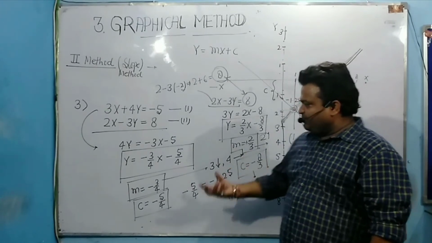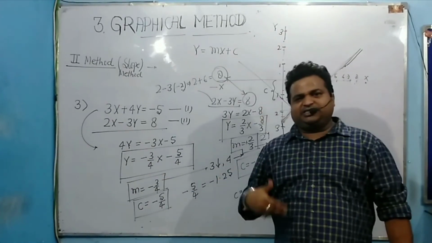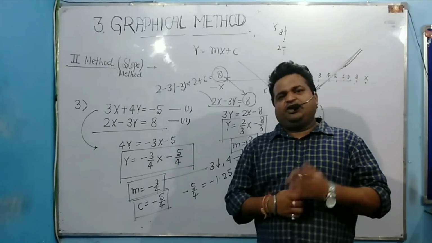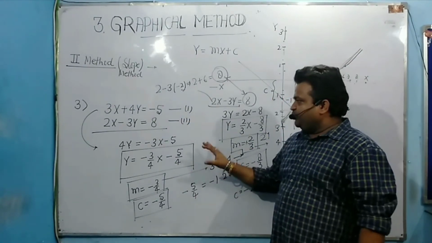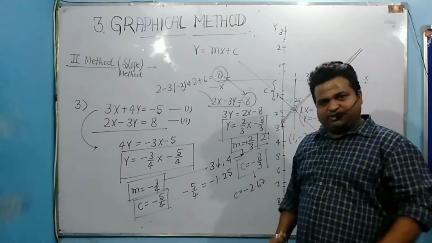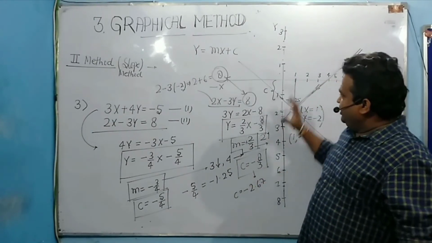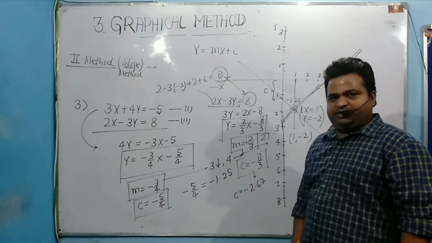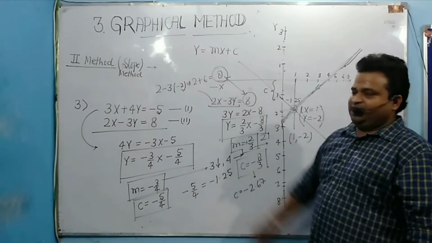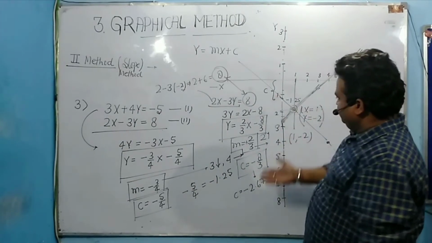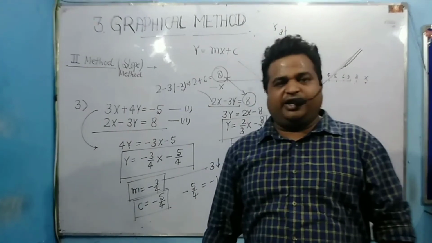Otherwise, if you have a simple y value like minus 3x, minus 4x, 2x, 3x, not in fractional terms, then you go with this approach. It gives you a simple idea. But if you practice more, it is easier to find the solution of an equation by graphical method. It is the solution found by graph. That is why it's called the graphical method.